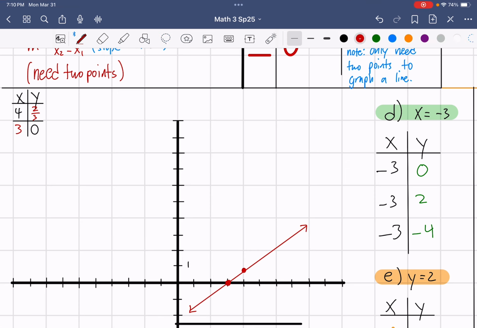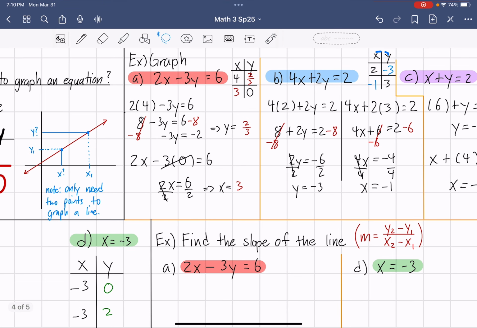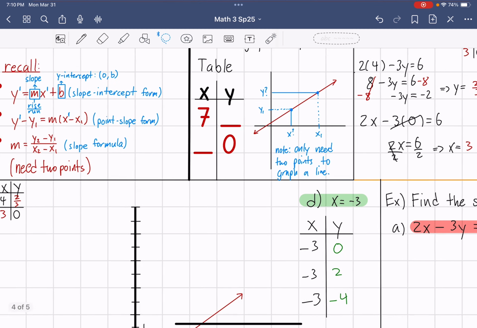And there is your line for this equation. You plot your 2 points and draw a line between them. Let's do our next example. And at any point you can pause the video and try graphing it yourself.